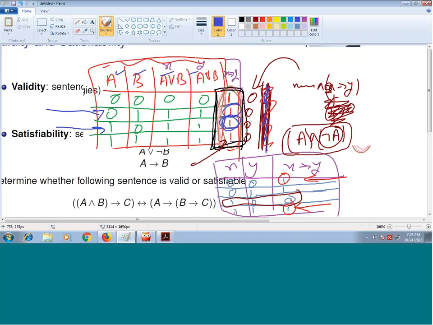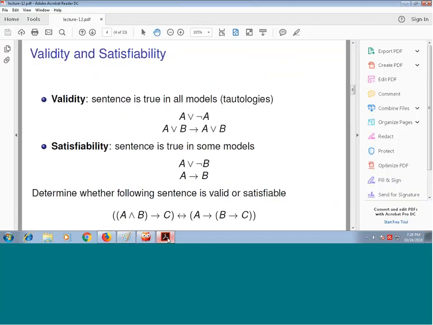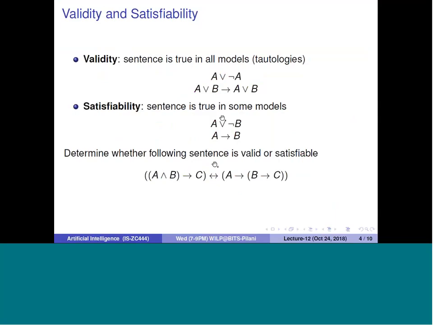So if you have a formula and there is a possibility that you can assign some values so that the formula becomes 1, such a formula is called satisfiable. A valid formula is also satisfiable, but valid is always true, whatever assignment you do. For satisfiable, you have to find what to put, because for A implies B, if you assign A equal to 1 and B equal to 0, then it's not true.